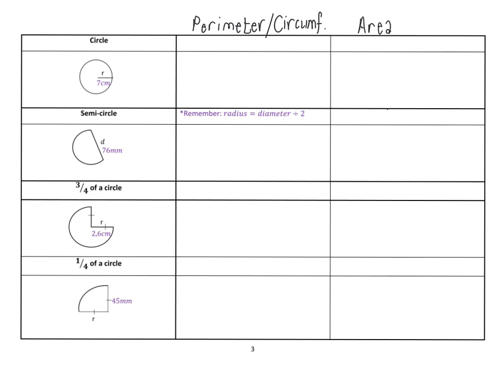So now the formula for the circumference of this circle is pi times diameter, or 2 pi times the radius. And as I've been provided with a radius measurement, it's easiest to just go and substitute that value into 2 pi r.